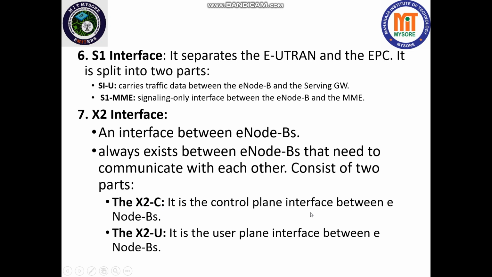It is the control plane interface between eNode Bs, that is only controlling action between two base stations will be taken care in this mode. In the other mode, it will work as user plane interface between eNode Bs, that is data from one user to another user is transferred via base stations.